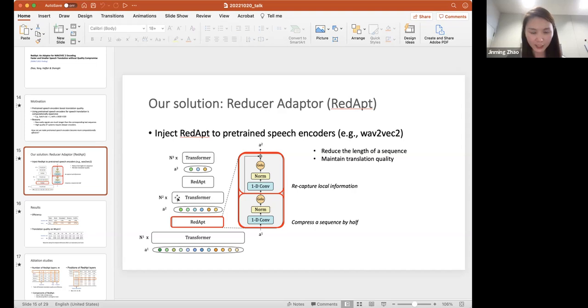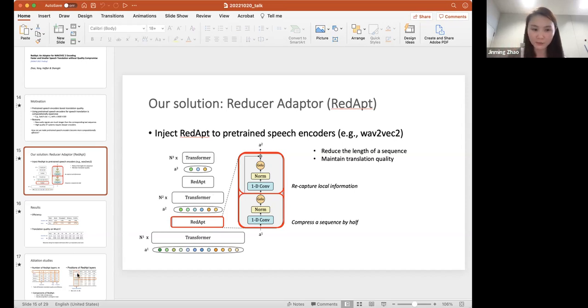So your question is why I insert the RedApt after this layer? Is that your question? No. Then no, this is not why. How? Oh, so for instance, with wav2vec 2 large, there are 24 transformer layers.